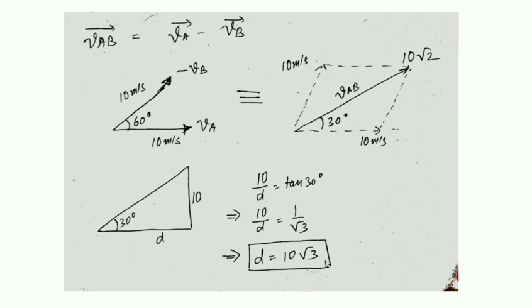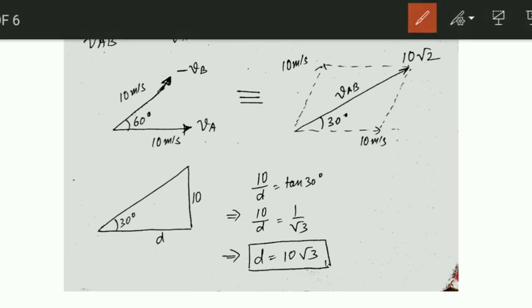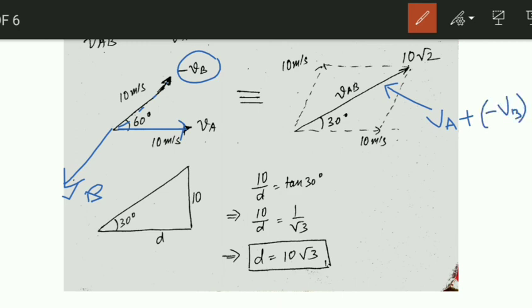VAB is equal to VA minus VB. So VA is in the horizontal direction and VB is in this direction. This is VB, and I have produced it backwards to form minus VB, and here this is VA plus minus VB vector. So from that I am getting VAB. Both are 10 meter per second.